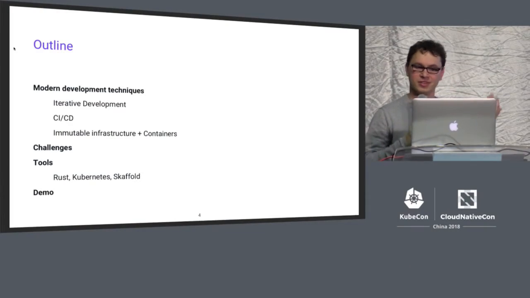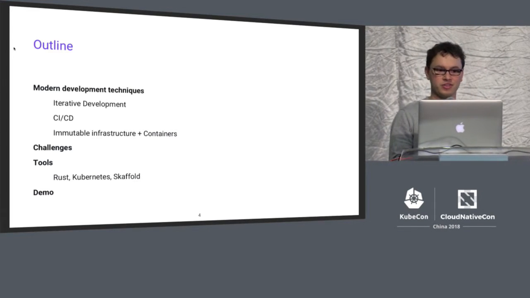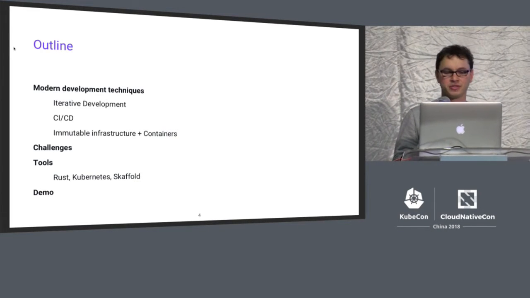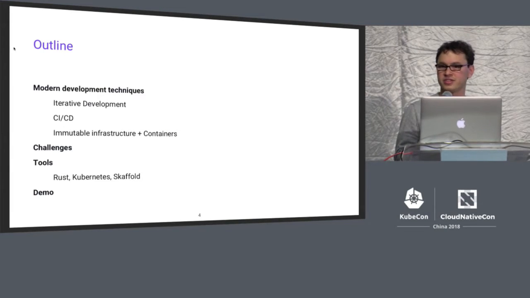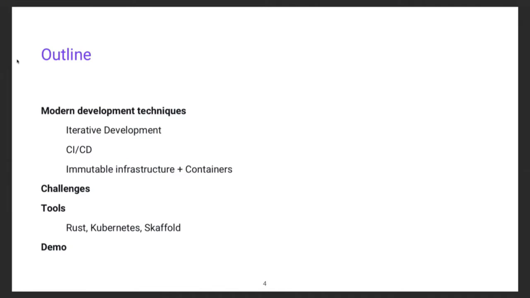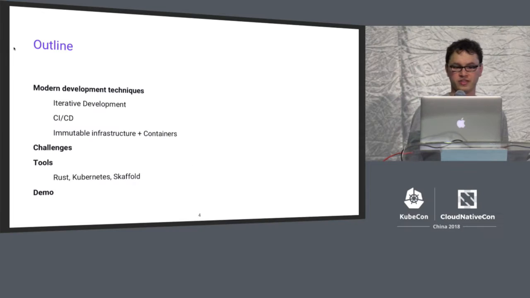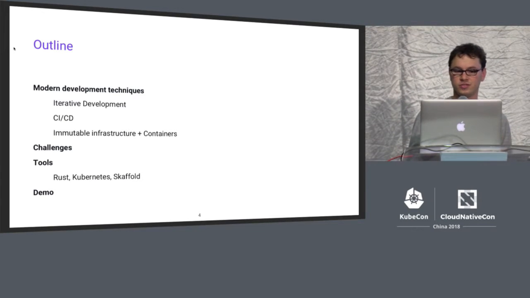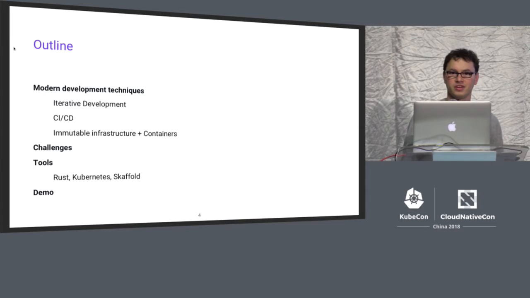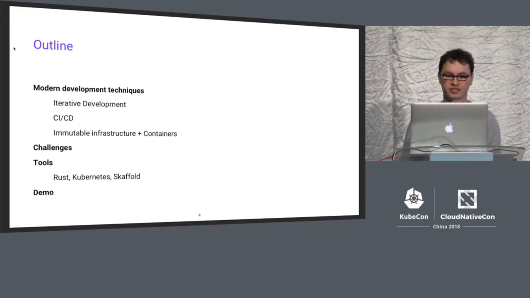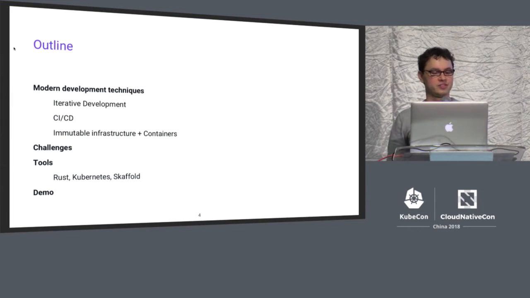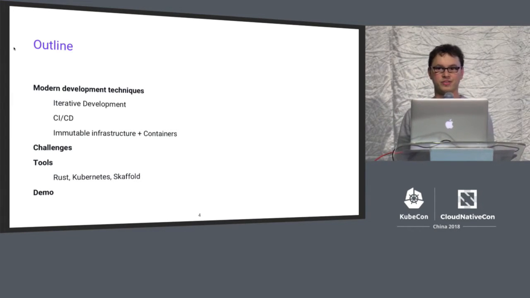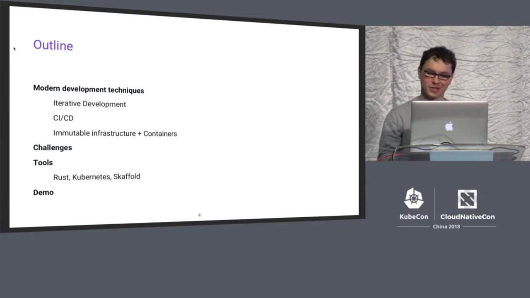We will first explain what iterative development is all about, then talk a little bit about CI/CD and immutable infrastructure, some of the challenges that these methodologies have, and then we'll present some tools that we will use in the demo to do iterative development on Kubernetes, mostly Rust, Kubernetes, of course, and Scaffold. So there will be about 10 minutes of slides and then a live demo that I hope will work without network here.